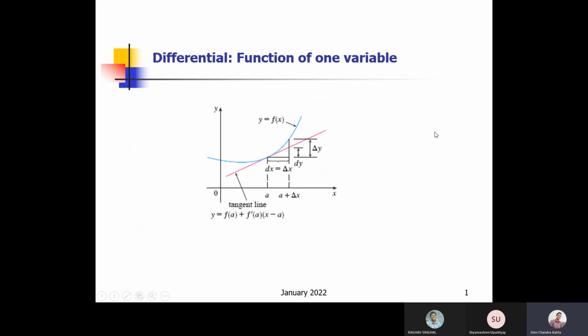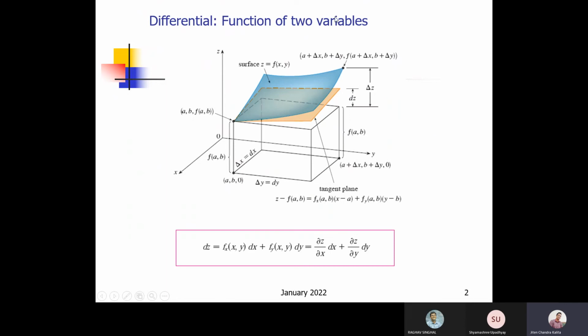Similarly, for a function of two variables, what is happening? They are considering a point (a, b) here in the xy plane, in the domain of definition of the function f, and a neighboring point (a plus delta x, b plus delta y) on the xy plane, also in the domain of definition of the function.